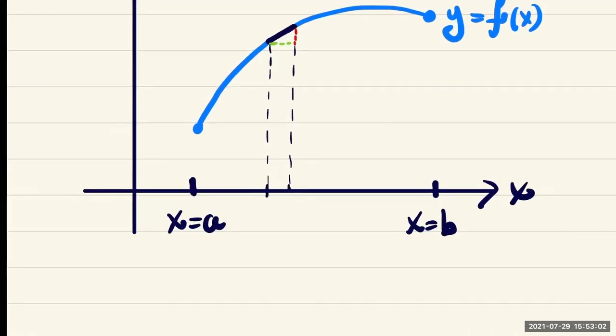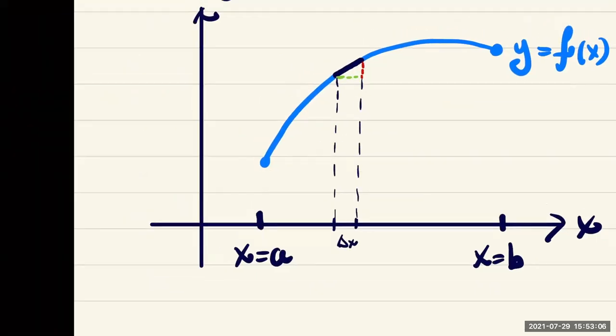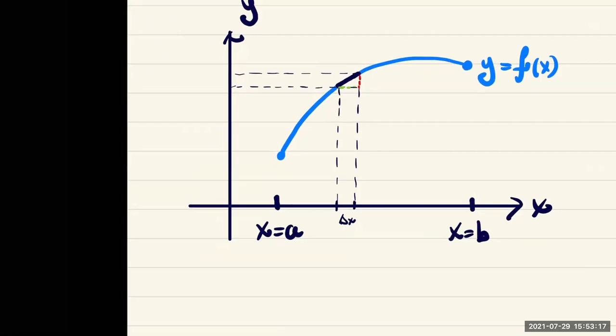That is a delta x. And as I said, this tiny increment, by the way, the book does this using Riemann sums. I'm not, it's gonna take forever. That's just a delta y.